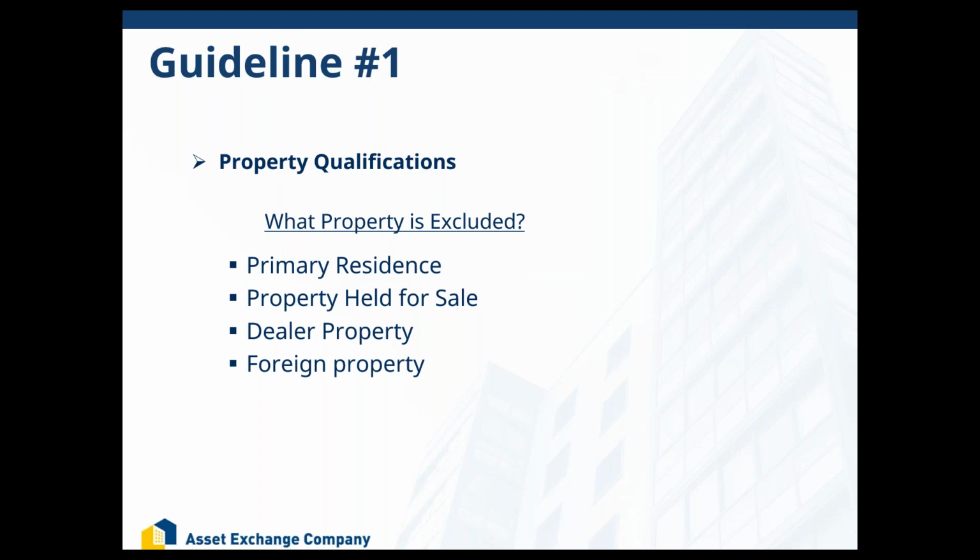Now, here's a possible solution for a flipper, all right, to be able to show that their intent was for investment. Let's say they buy a property. Again, I don't know, 2 or 3 months goes by, they fix the property up, and when the property is completed, instead of listing it for sale, they come to you. You're their realtor, and they say, hey, can you put this in the MLS system showing it for rent?